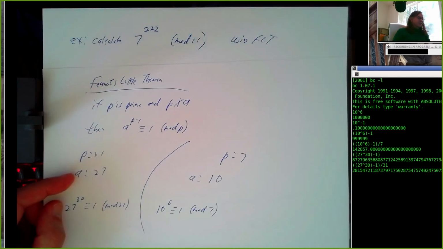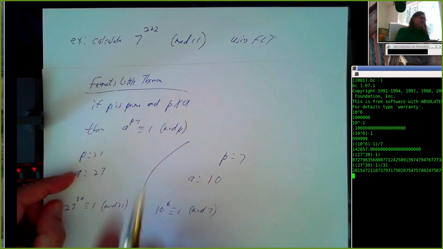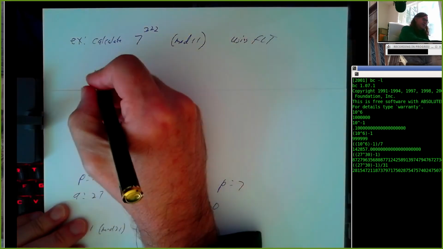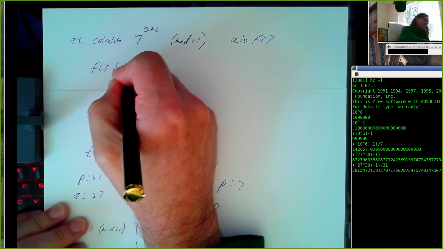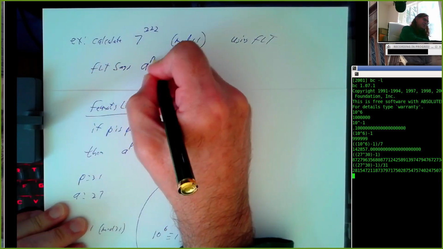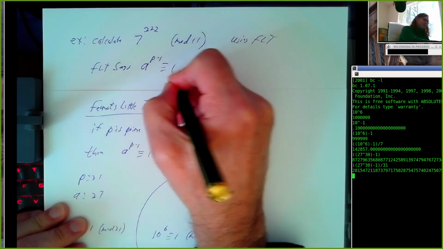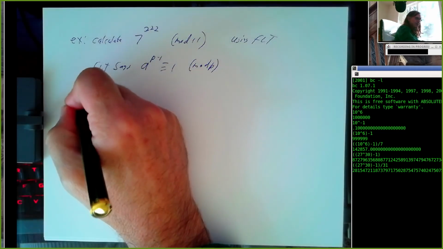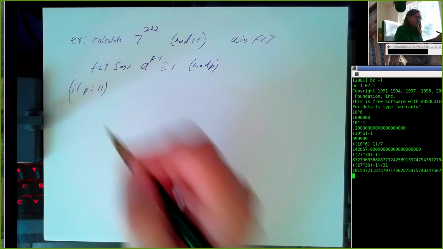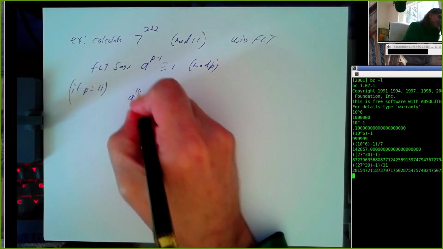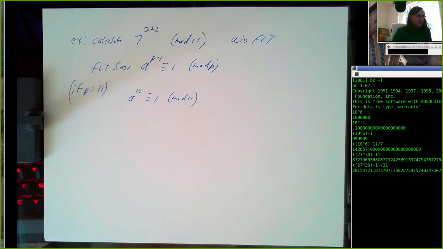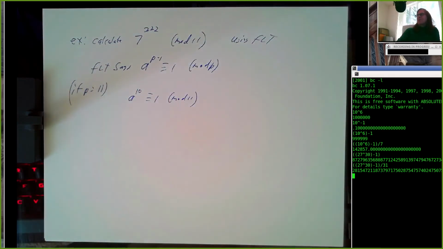So let's see what we can state using Fermat's little theorem if we let p be 11. FLT says a to the p minus 1 is congruent to 1 mod p. If we let p be 11, this tells us a to the 10th is congruent to 1 mod 11, for any a that's not a multiple of 11.